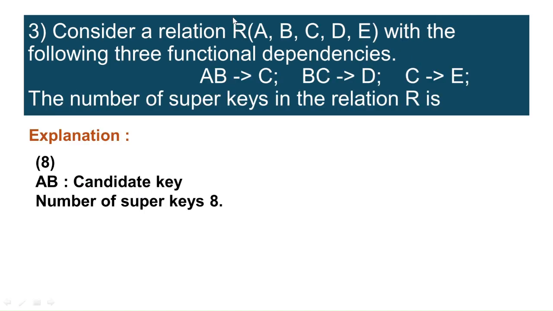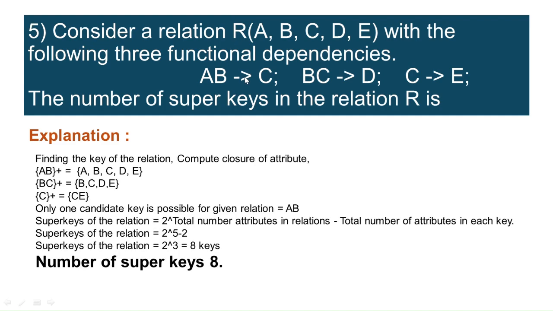The next question is, consider a relation R(A, B, C, D, E) with the following three functional dependencies: AB to C, BC to D, C to E. The number of super keys in the relation R is? If we compute the closure of these attributes, AB plus gives us ABCDE, BC plus gives us BCDE, C plus gives us CE. So only one candidate key is possible for the given relation, that is AB.